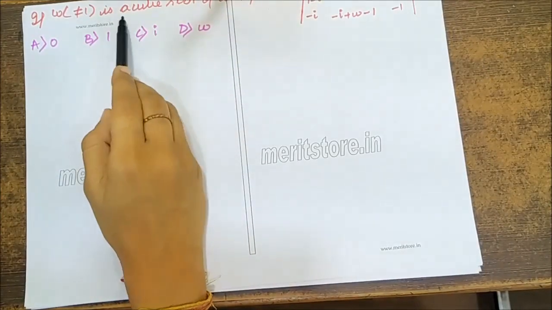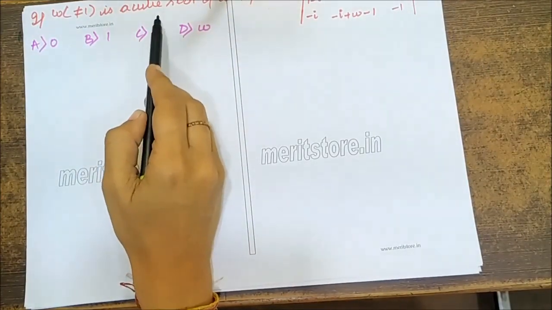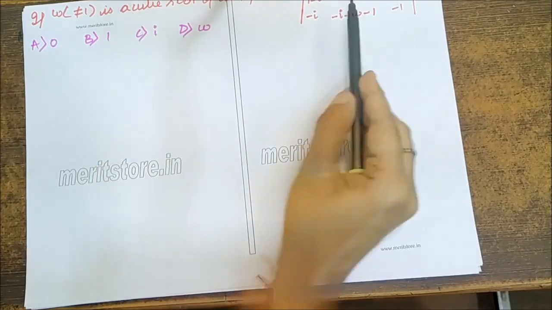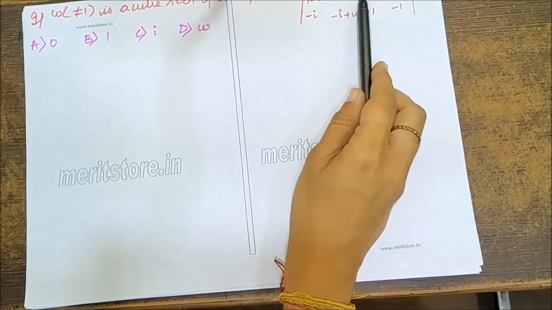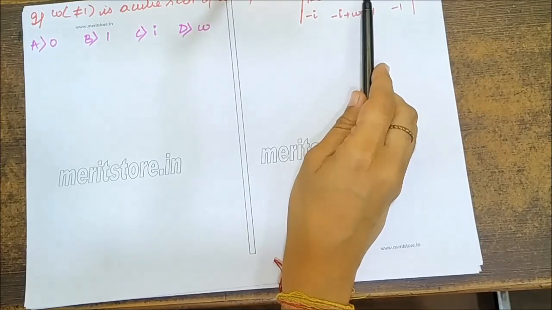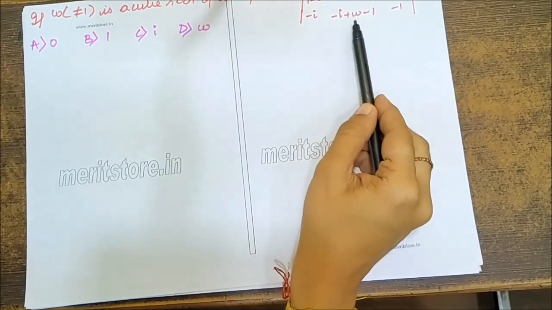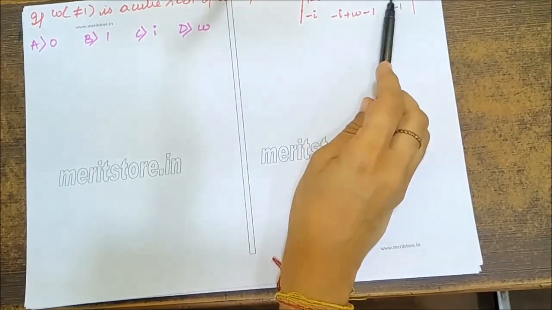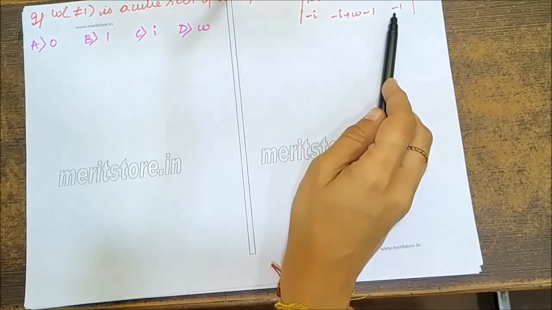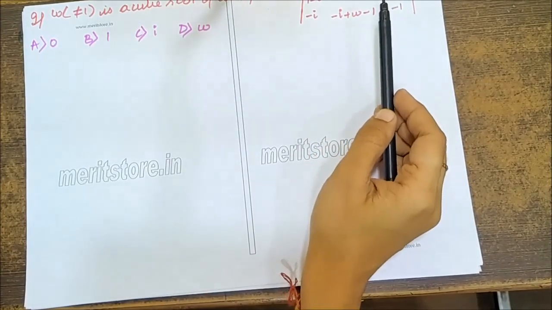If omega is not equal to 1, it is a cube root of unity, then the determinant with entries 1, 1 minus i, 1 plus omega squared, and so on.